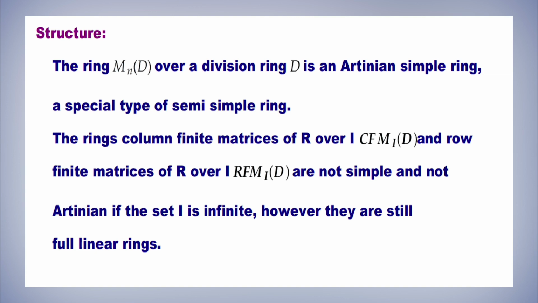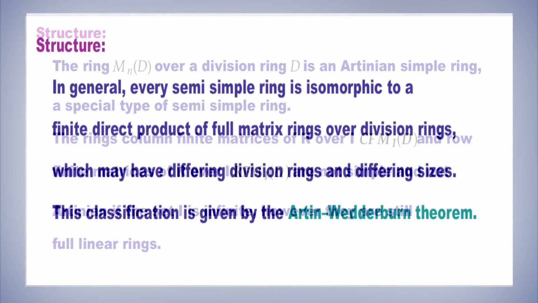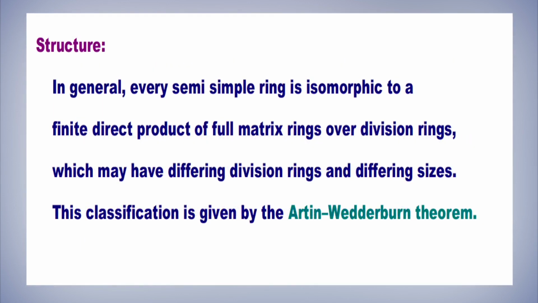However, they are still full linear rings. In general, every semi-simple ring is isomorphic to a finite direct product of full matrix rings over division rings, which may have differing division rings and differing sizes. This classification is given by the Artin-Wedderburn theorem.